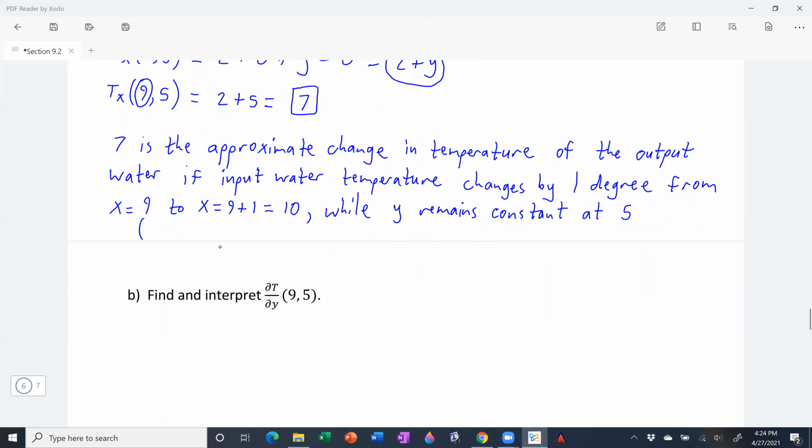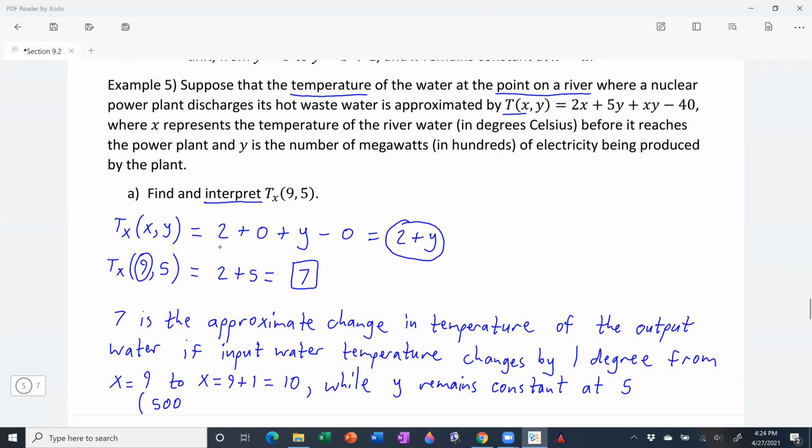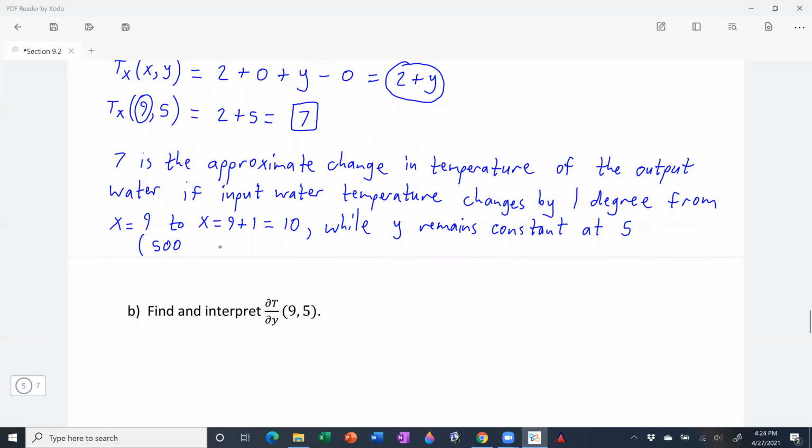I'll put that in parentheses, 500, because y is the number of megawatts in hundreds. So let's write that down. Y remains constant at 5, so that's 500 megawatts of electricity produced.